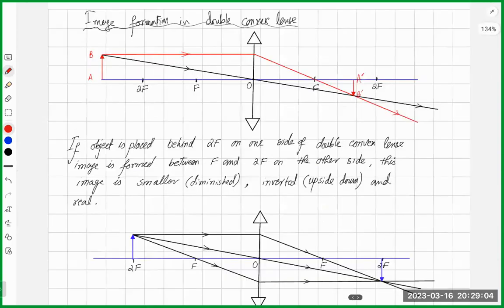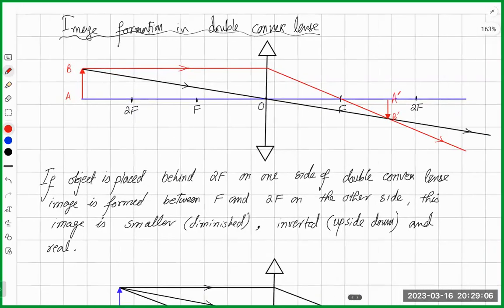Okay, let's start. This is the first case. I will recommend that you replicate it right now. You can make a lens in your notebook by a vertical line. Take 3 centimeter distance for F and another 3 centimeter for 2F.